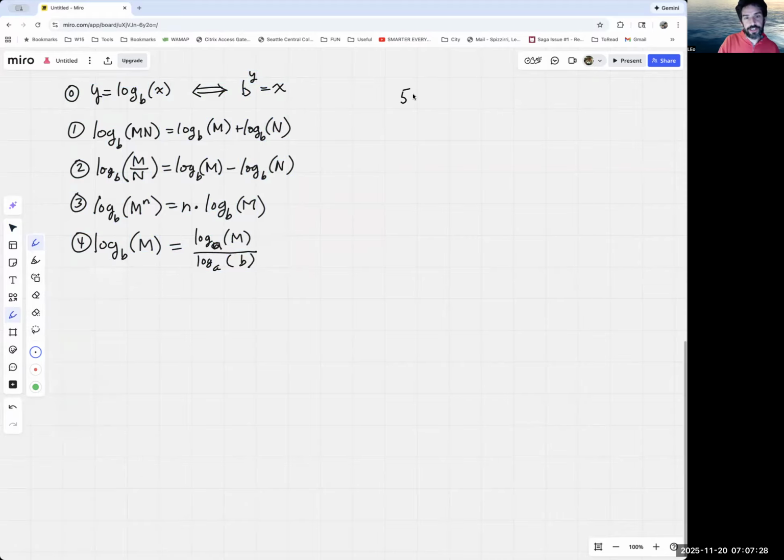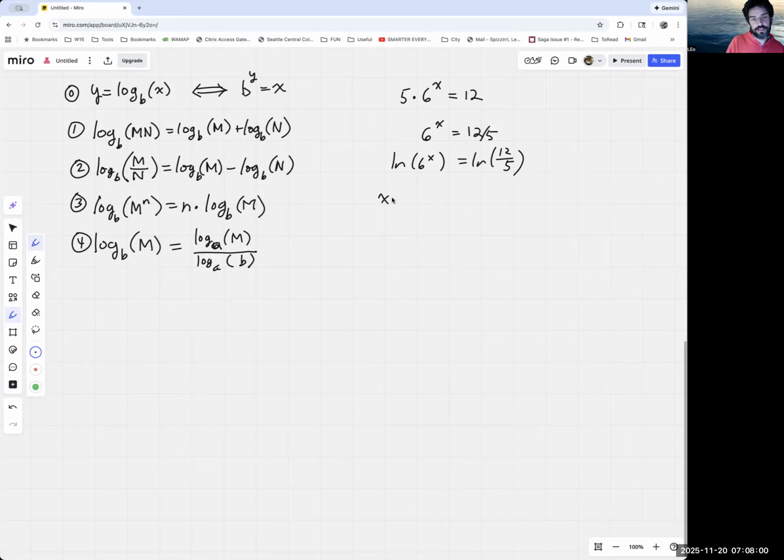Here we go. 5 times 6 to the x equals 12. This is a similar sort of problem, except we don't necessarily, let's do this a couple different ways. What I would probably do is divide both sides by 5 first. So 6 to the x equals 12 over 5. And then I would take the natural log again. So I'll have natural log of 6 to the x equals natural log of 12/5.